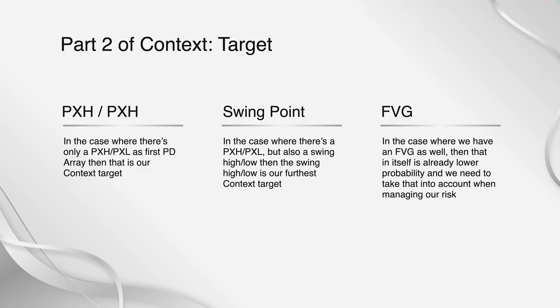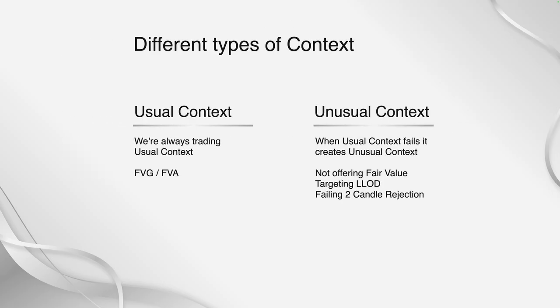Now, after this, we have now created certain context areas, and there's different types of context as well, because we have usual context, and at any given moment in time, we are always trading usual context. That's the goal. The usual context is the examples we went over.